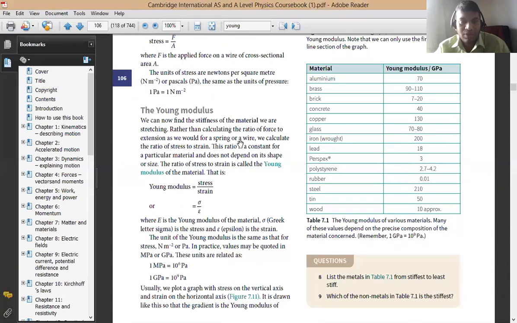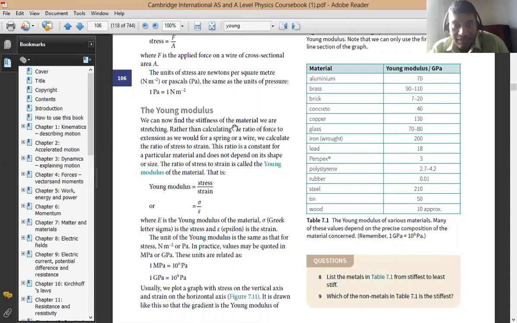Now in a spring or a wire, we can actually stretch it, and that is how we find out how stiff it is or its properties. We calculate the ratio of stress to strain. In a wire or a spring, we talk about the extension.